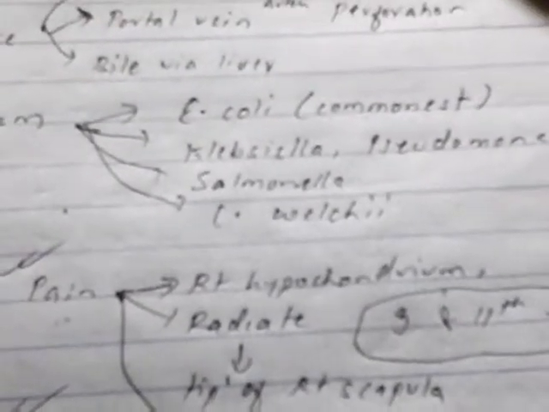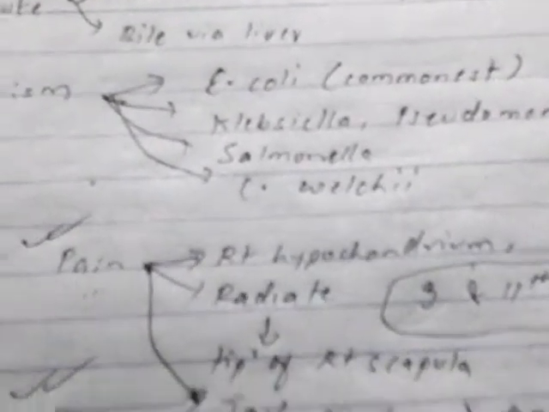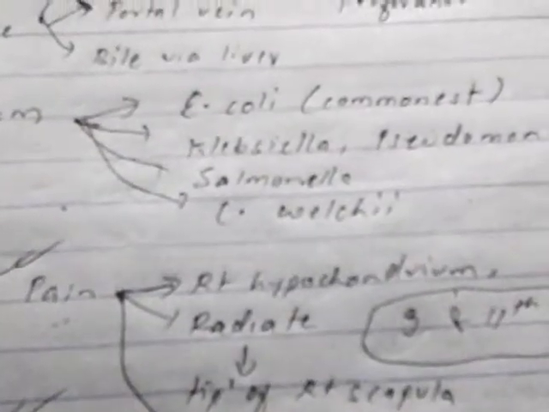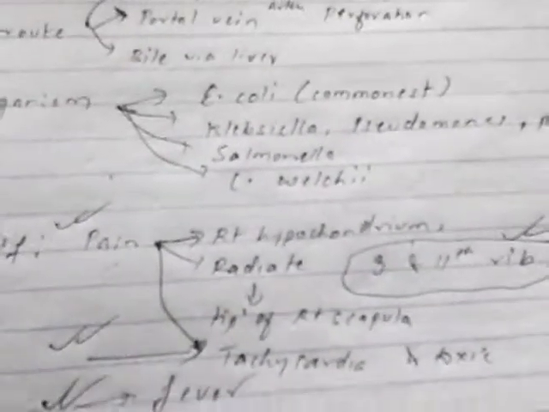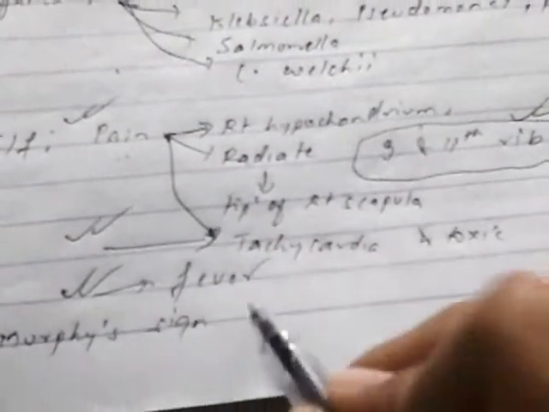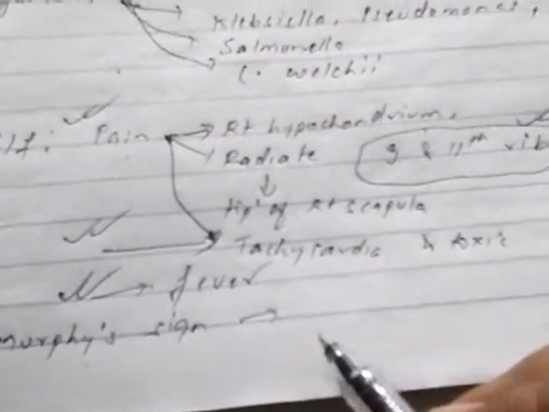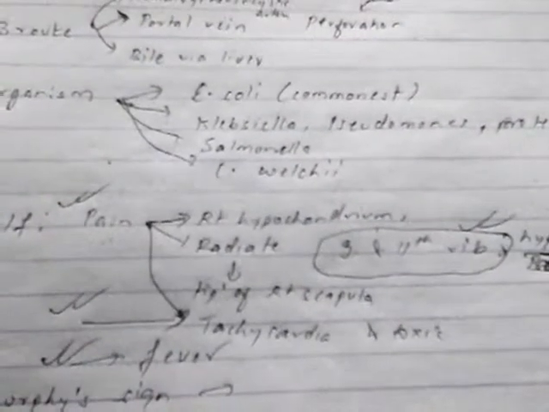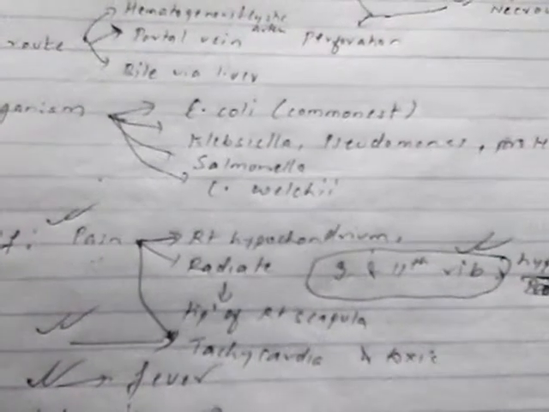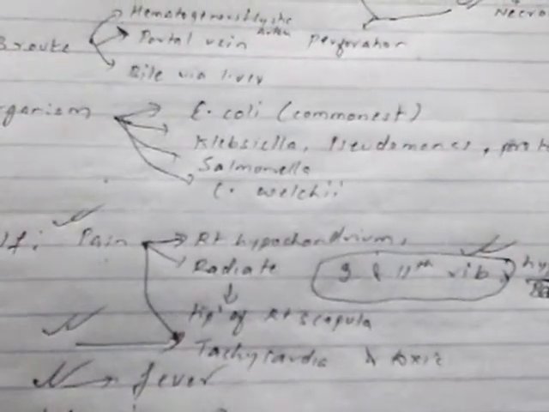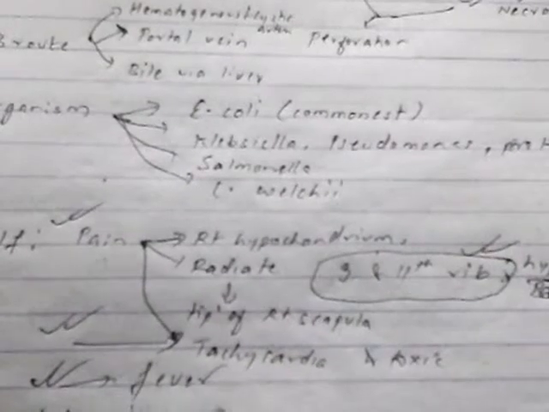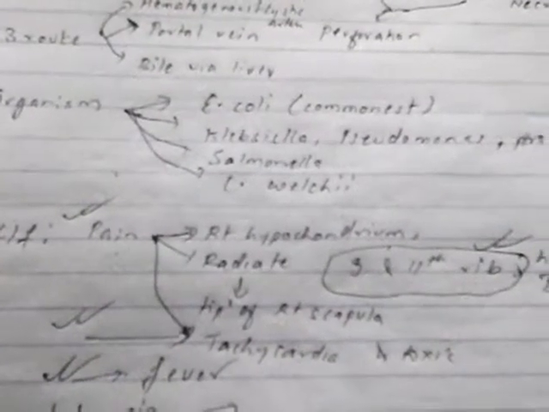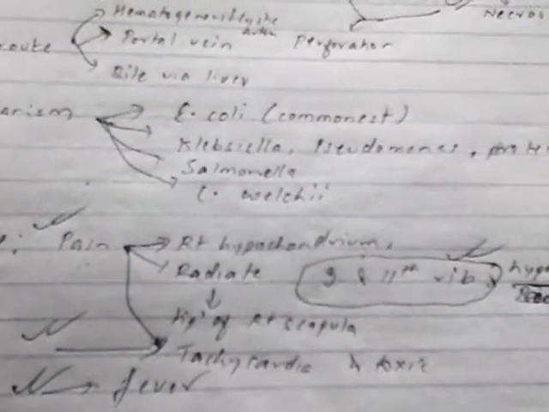In acute cholecystitis, we also find that Murphy sign will be positive. When we palpate the right hypochondrium during deep inspiration, there will be arrest of respiration at the height of inspiration because of pain.